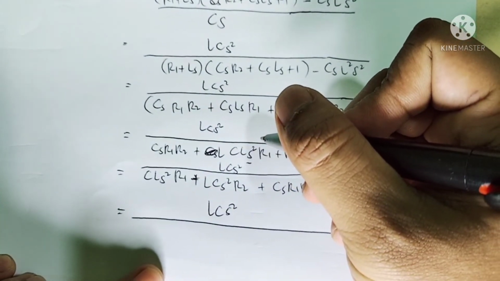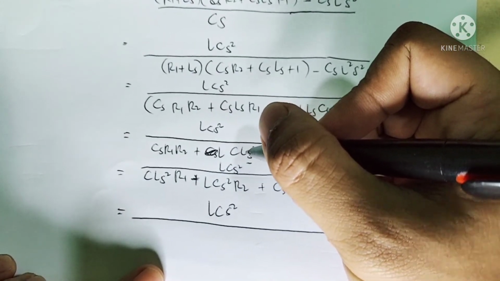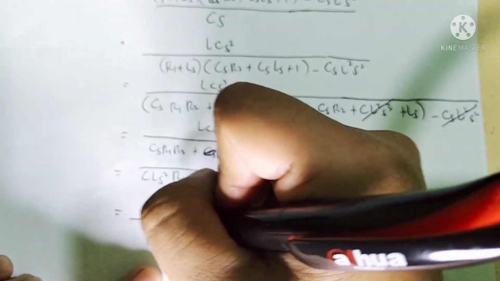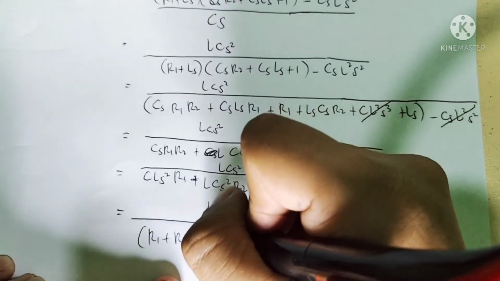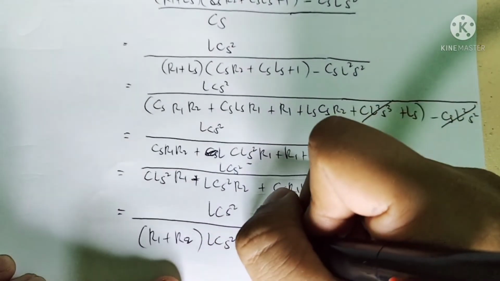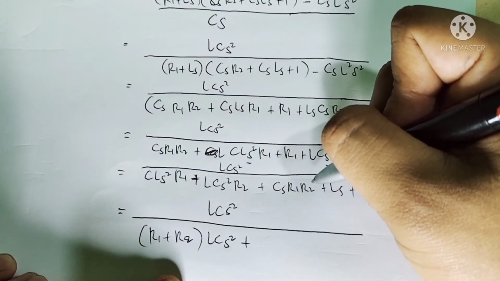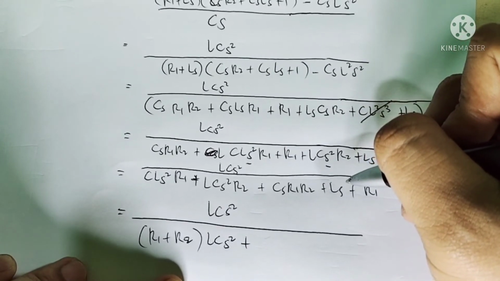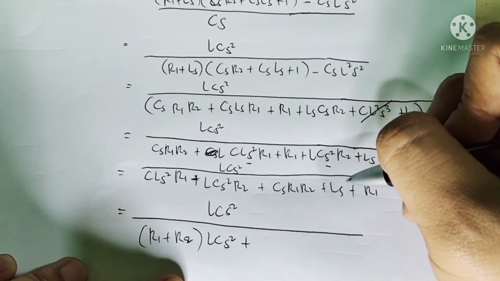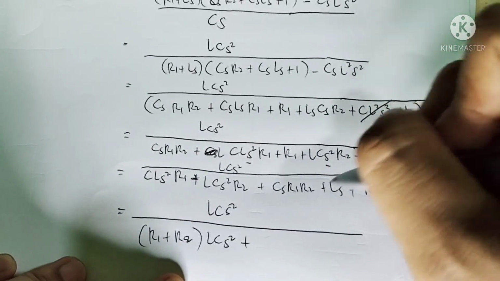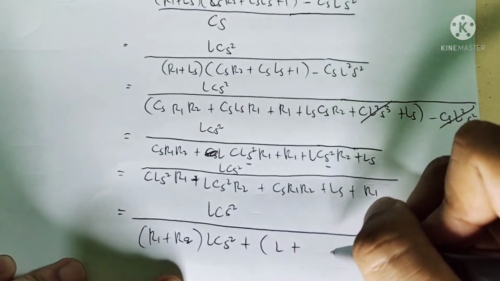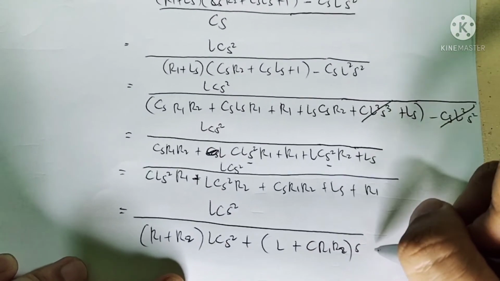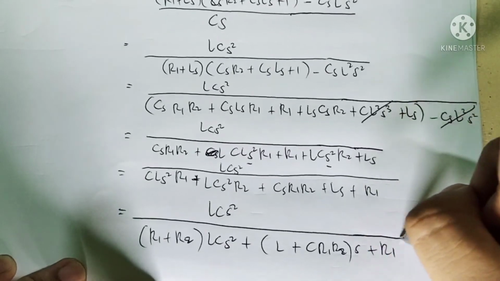So this will be LCs squared times R1 plus R2, times LCs squared, plus we're going to take the s, so this is L plus C R1 R2 s plus R1.